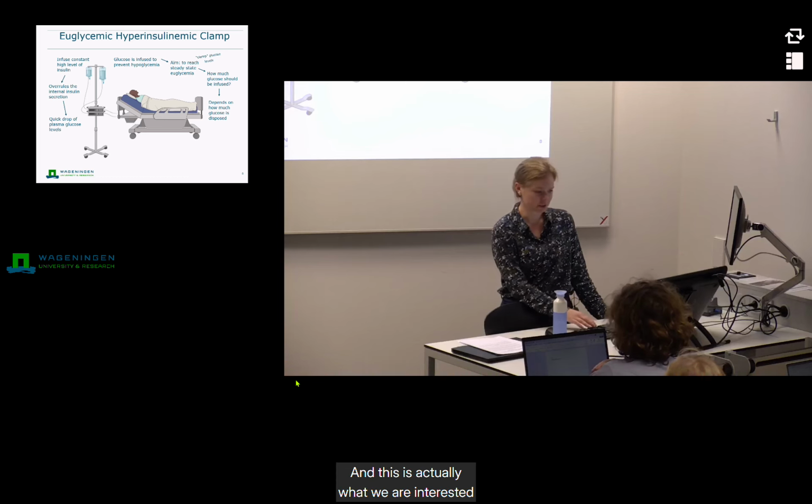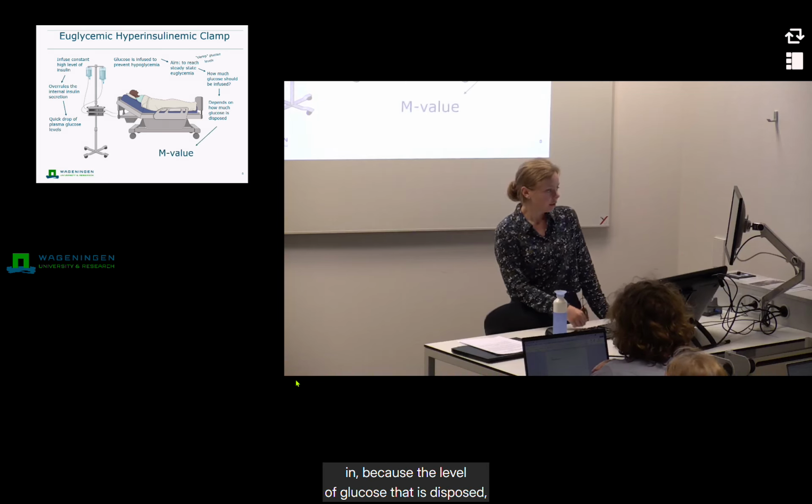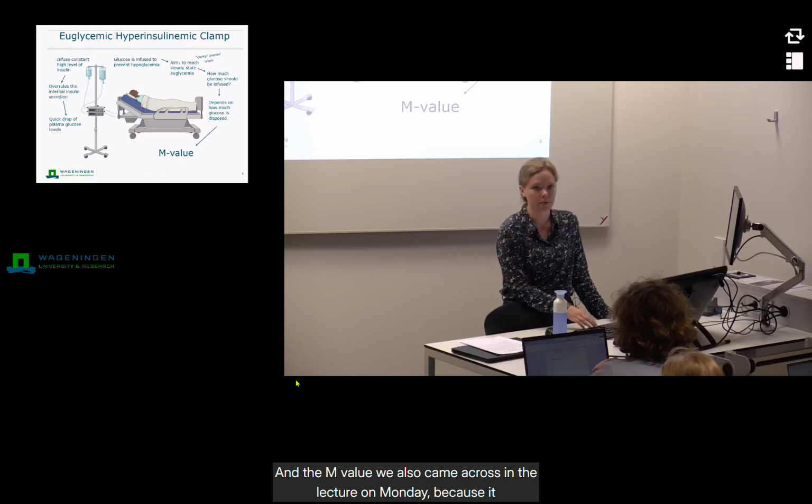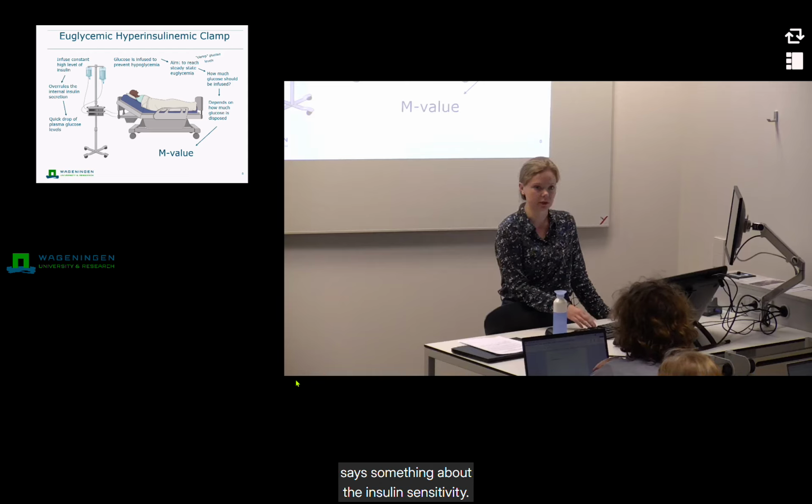And this is actually what we are interested in, because the level of glucose that is disposed, so the level of glucose that is stored in the cells, is referred to as the M value. And the M value we also came across in the lecture on Monday, because it says something about the insulin sensitivity.